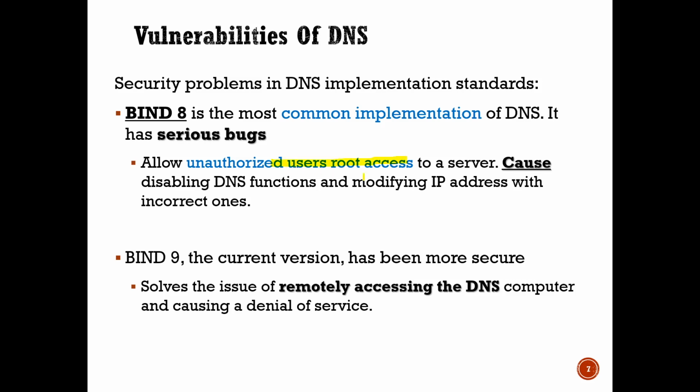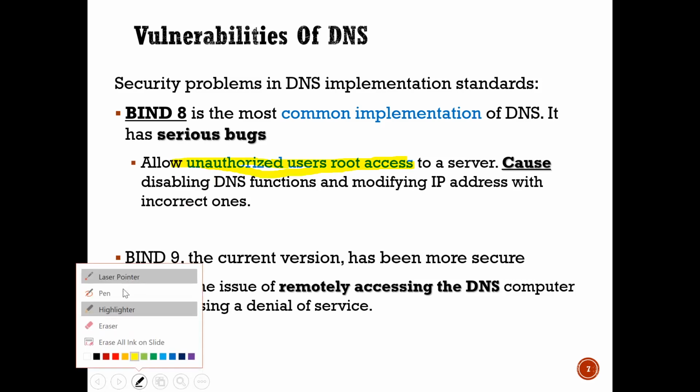What does root access mean? It means that the user has full control of that system, and can even initiate and modify any kind of service within the server. So this will cause disabling the DNS function and also modifying the IP address with an incorrect one. That's why giving root access to unauthorized users will cause a lot of problems.